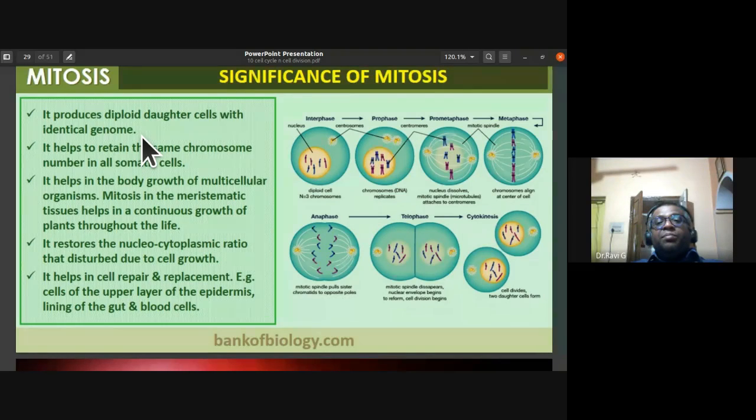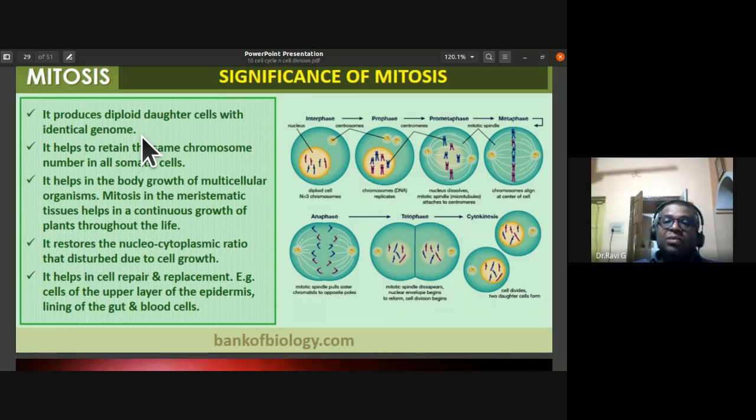So what is genome? The sum total of genes present in the haploid set of chromosomes is called genome.